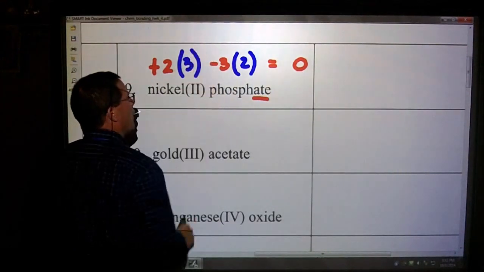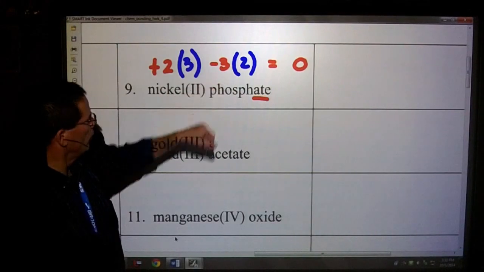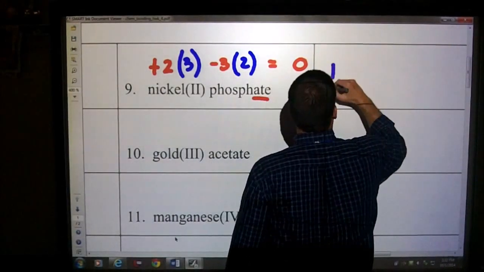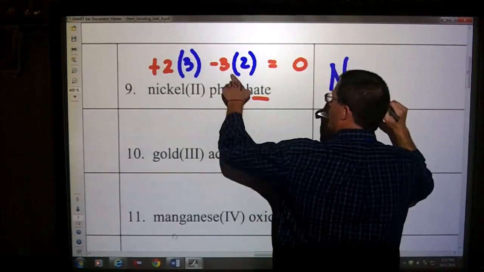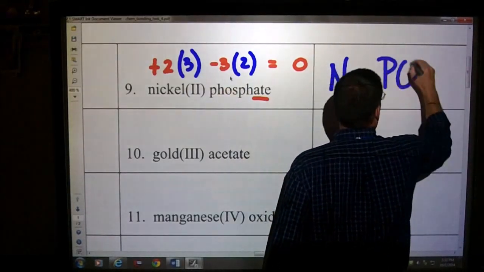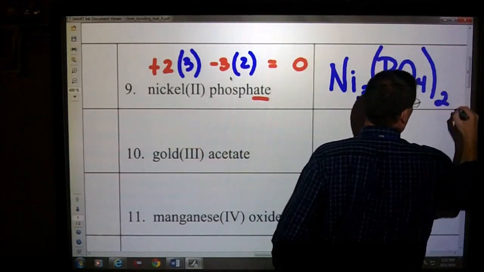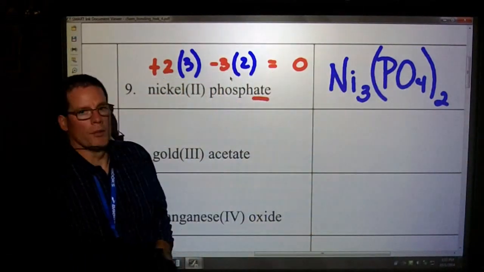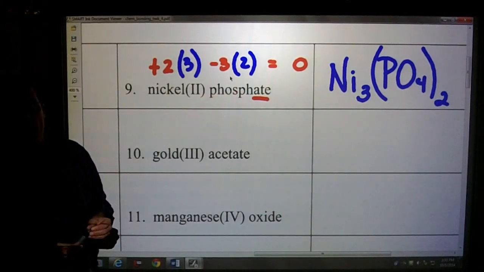That is going to be multiplied by 3. So nickel with 3 of those, phosphate 2 of those. So when we write the formula, nickel, and then put the 3 there, and phosphate, PO4, parentheses 2. Okay, so again, nickel, Roman numeral 2 phosphate, looks like that.